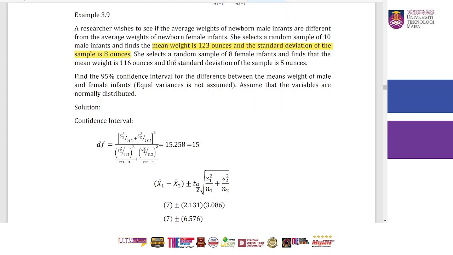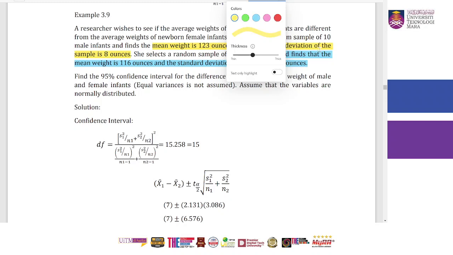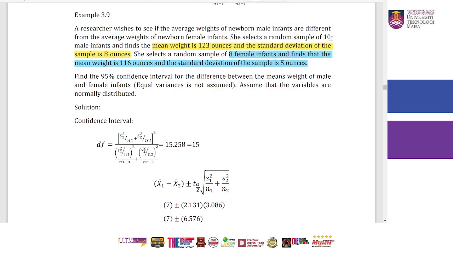And then for the female infants, you get the mean weight of the 8 female infants, with the standard deviations. Okay. So this one is the mean for female, and this one is for male.